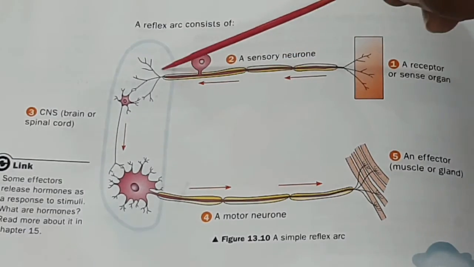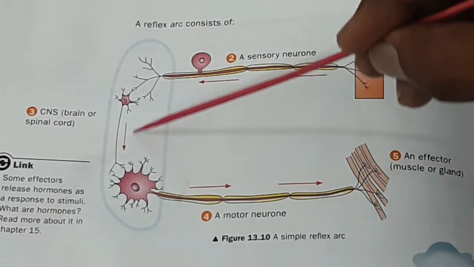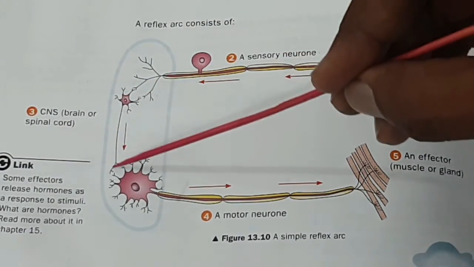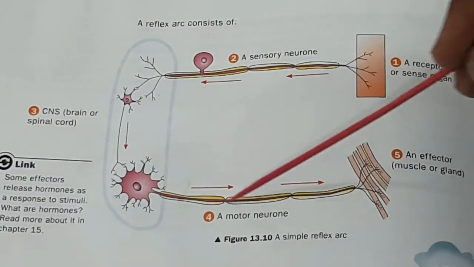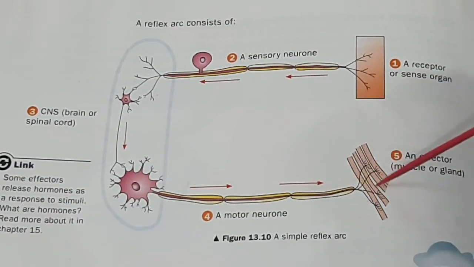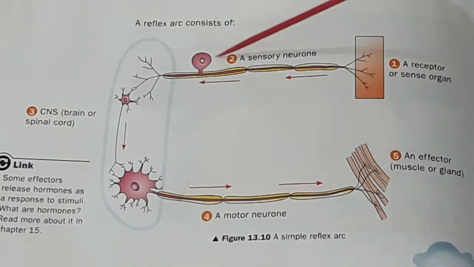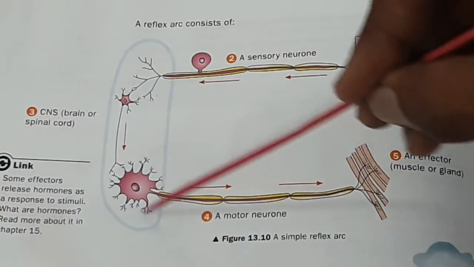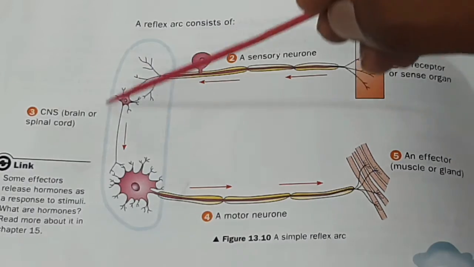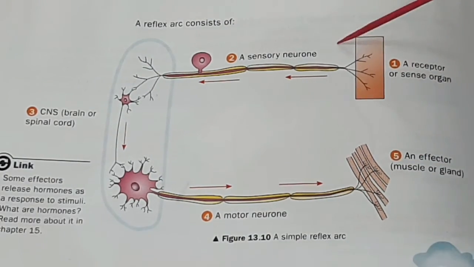Here is the sensory neuron, a very clear relay neuron, and this one is the motor neuron, and these are our muscles. This is called the functional unit of the reflex action. The functional unit of reflex action is called the reflex arc.